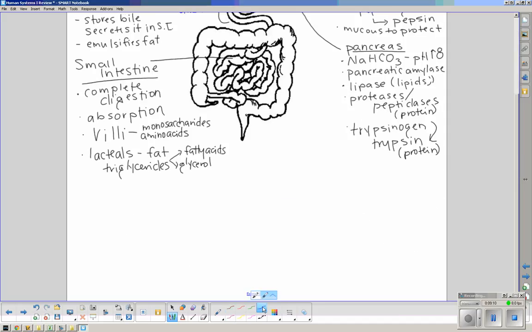A villi looks like this. A projection of the small intestine wall. And inside is a lacteal. And this lacteal is surrounded with access to the lymph system as well as access to a blood supply.